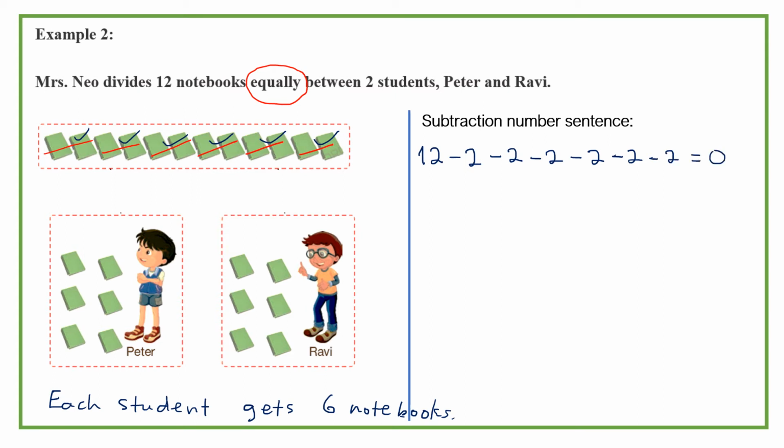You see that? So you can see that we have how many twos? 1, 2, 3, 4, 5, 6. And even here you can see that each student has got 6 notebooks.